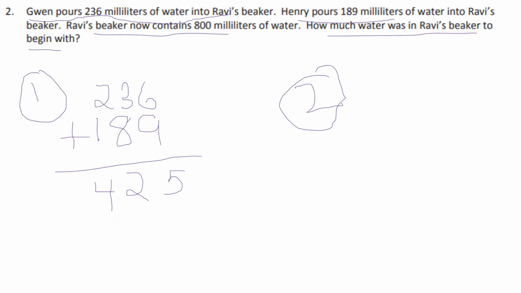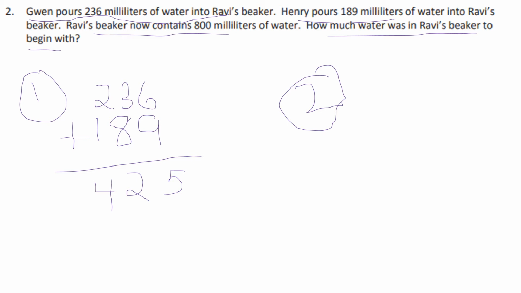So it says Gwen pours 236 milliliters of water into Ravi's beaker. Henry pours 189 milliliters of water into Ravi's beaker. Ravi's beaker now contains 800 milliliters of water. How much water was in Ravi's beaker to begin with?